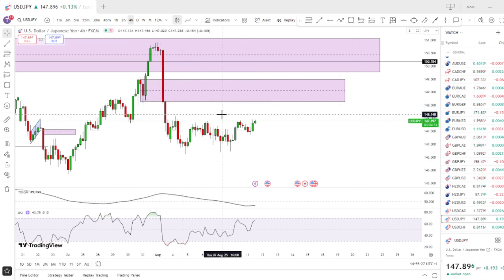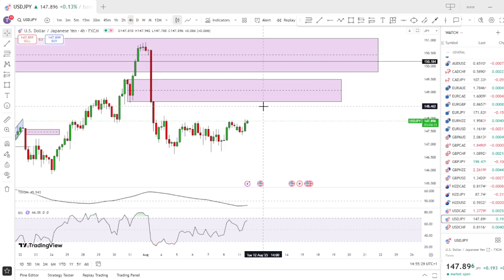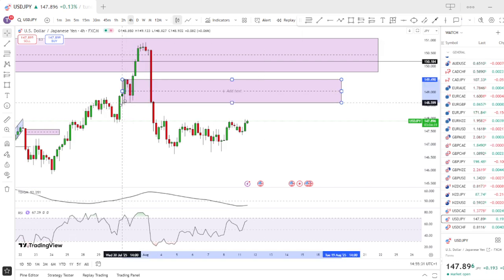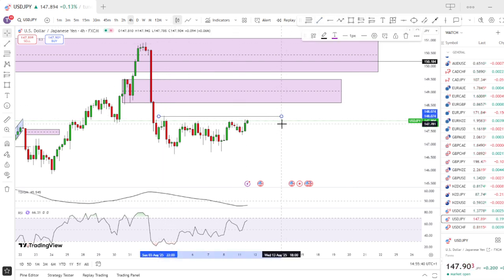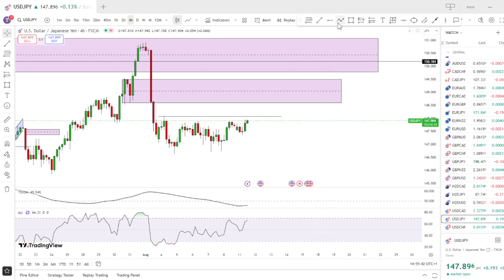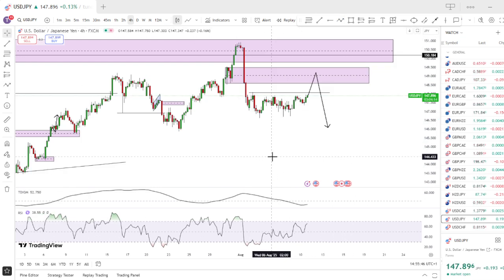This is very suspicious, but this is what I'm going to be watching out for this week on USD JPY. It's very, very suspicious here, and I'm just going to be watching out for that right now. What do I mean? There's something like this, something like this for the sells on USD JPY.